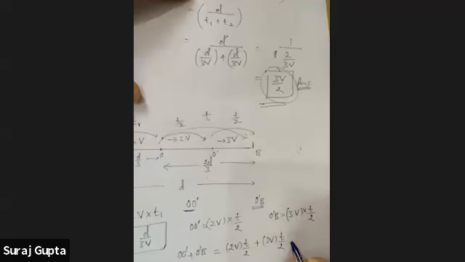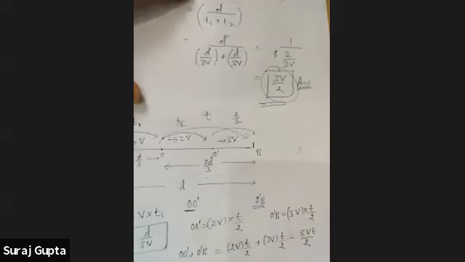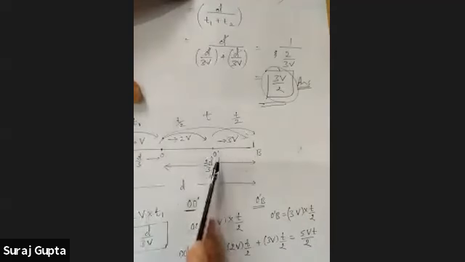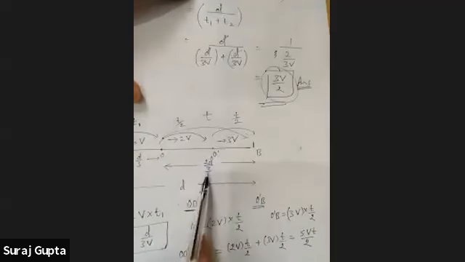So once we add both of them, it is 5v t by 2. O dash plus O dash B is 5v t by 2, and we know from this diagram, you can clearly see that O dash plus O dash B is nothing but 2d by 3. So equate it to 2d by 3.